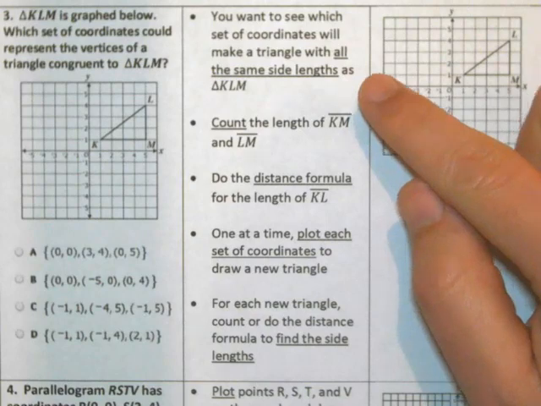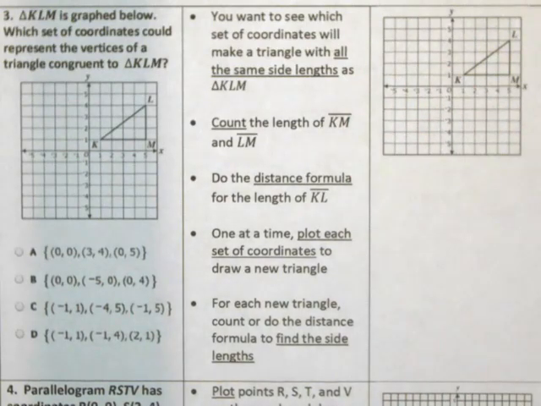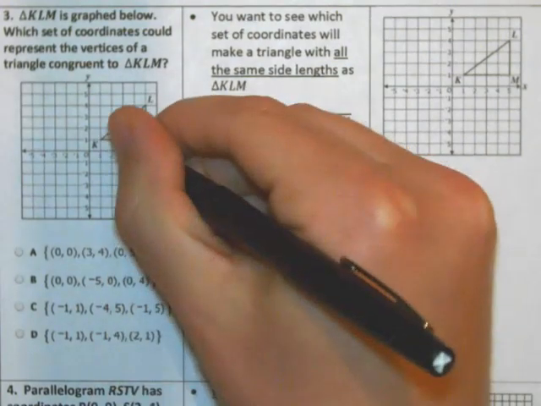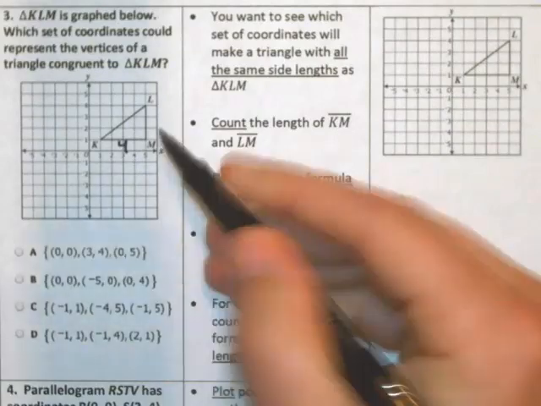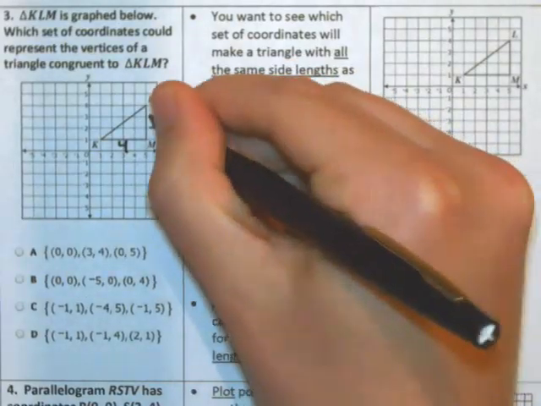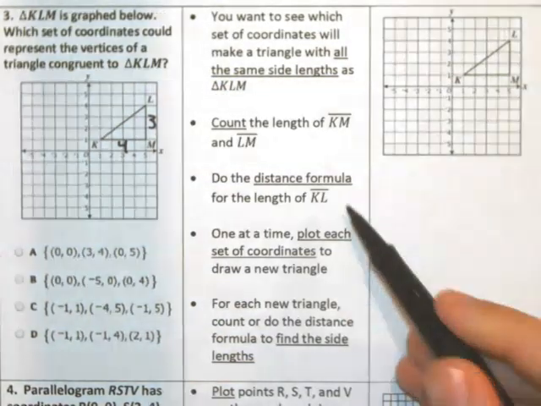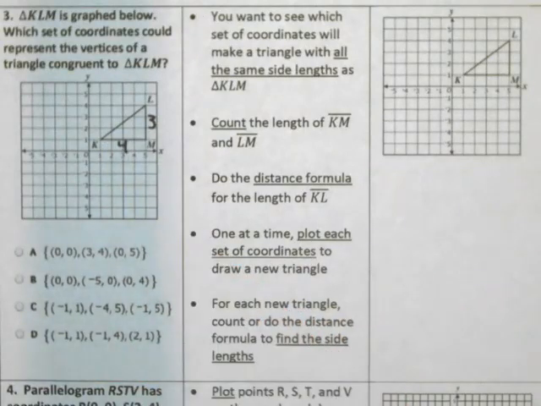as triangle KLM. So let's start by counting the obvious lengths of KM and LM. KM has an obvious length of 4 units, and LM has an obvious length of 3 units. But now we're going to need to do the distance formula to figure out the length of KL.